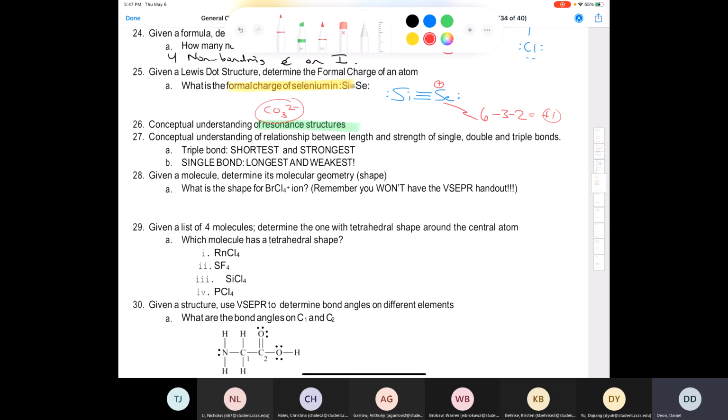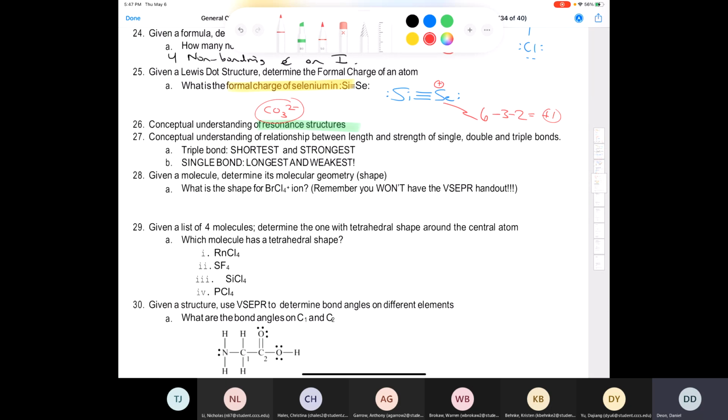And so we have to draw a collection of structures which shows how the electrons are delocalized, or present in more than one area of our polyatomic ion or of our molecule.